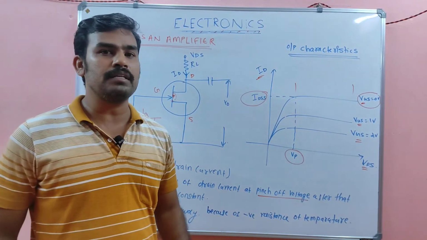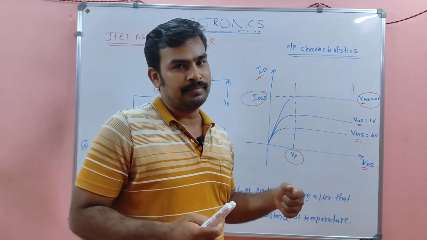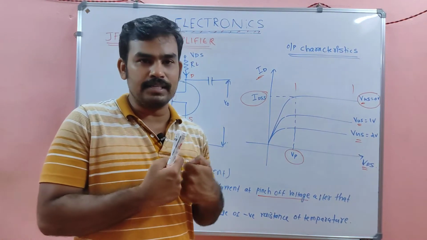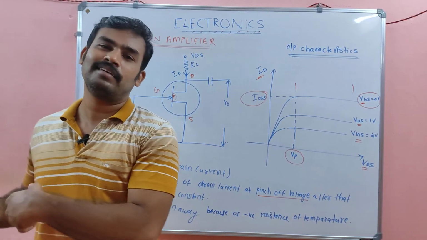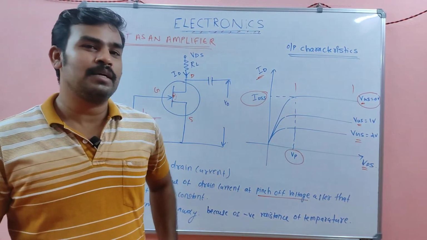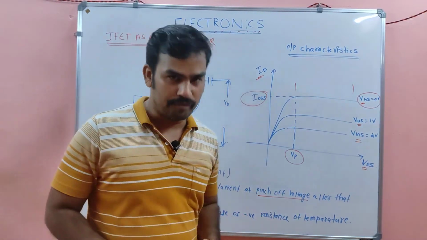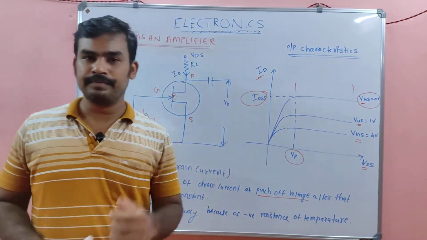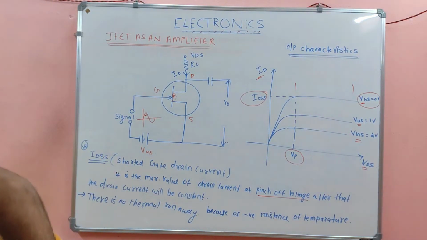Reduced resistance means that charge carriers will get enough time to collide. It is not that fast. It will relax and collide. That means there will not be much temperature rise in the JFET. Okay? Is it clear, my dears? Is it clear?